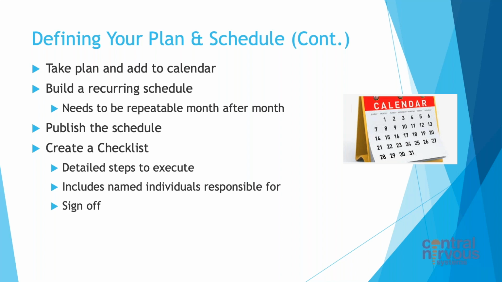So once we have a plan, we need to take that plan to account. So we need to build a recurring schedule, and it needs to be repeatable month after month.